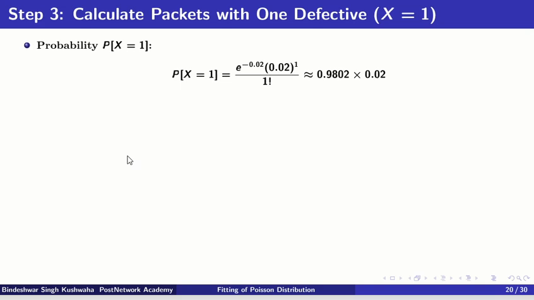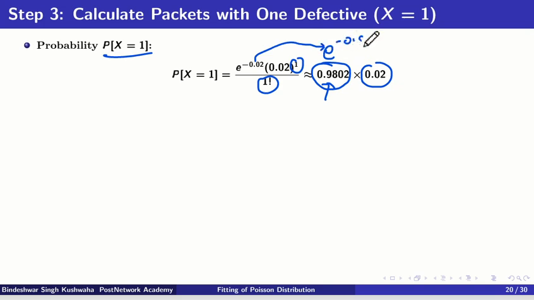For x equal to 1, the probability is 0.02 times e raised to minus 0.02.